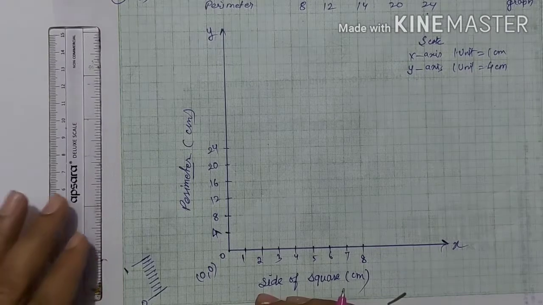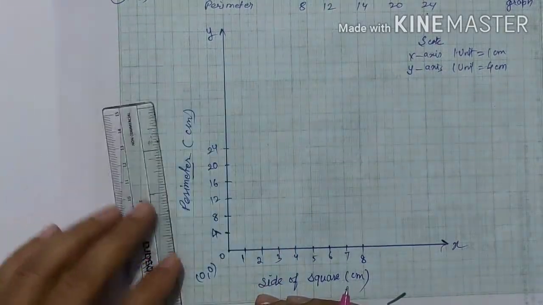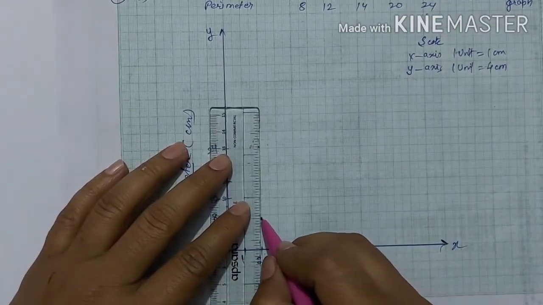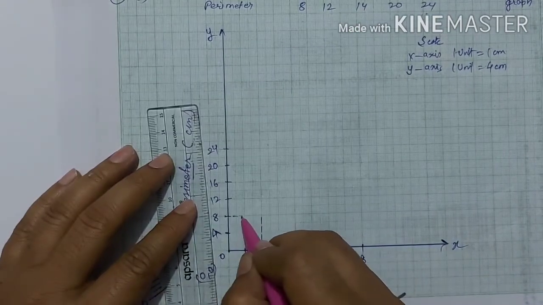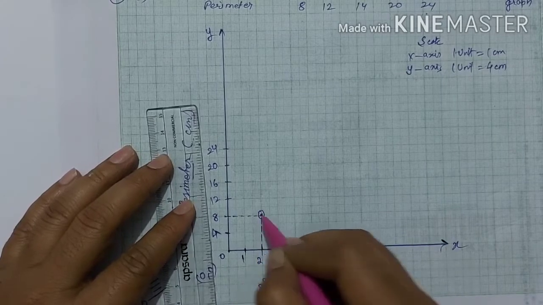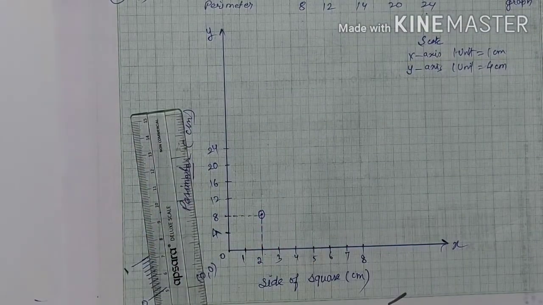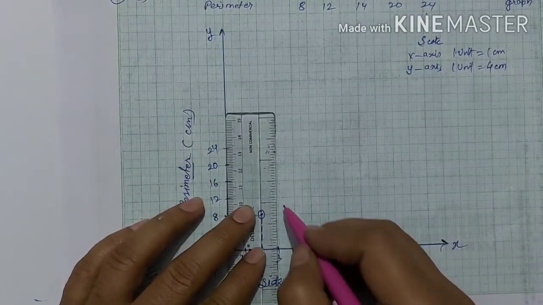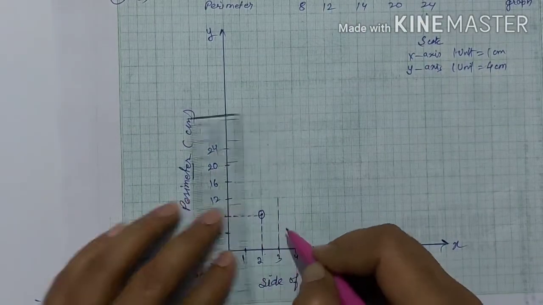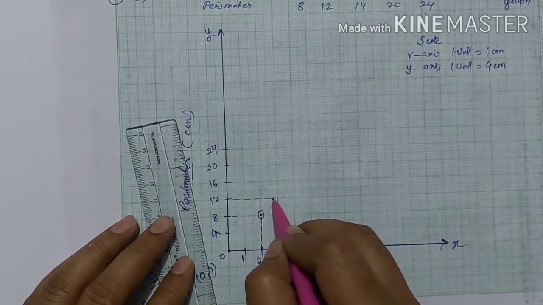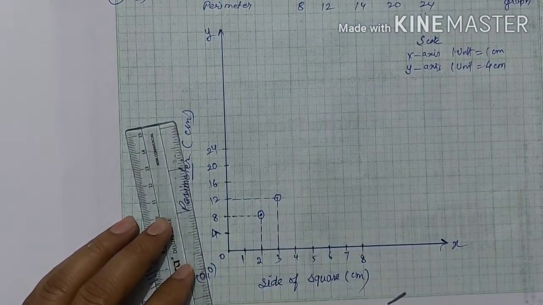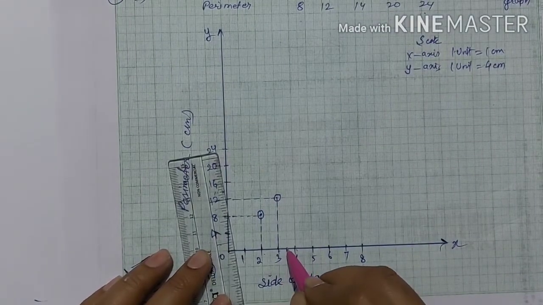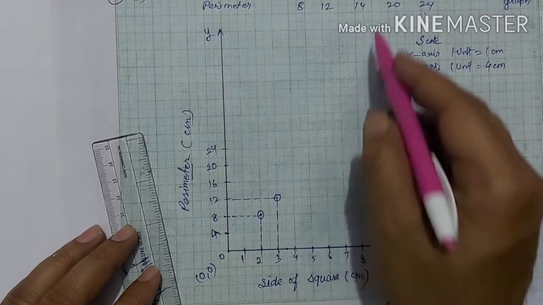Now start. First is 8, the reading is 2 and 8. You draw this point. Second is 3 and 12. Now it is 3 and it is 12. Then 3.5, which is between 3 and 4, and 14.